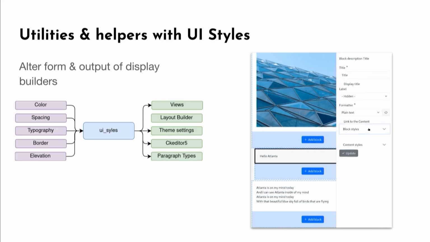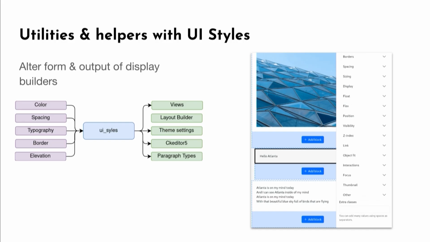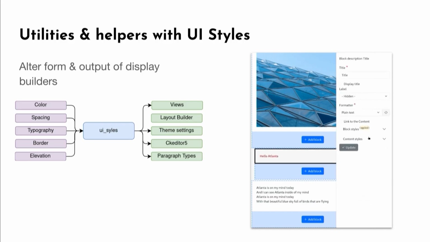And the UI Styles module is transforming the styles plugins into not plugins, but alteration of plugin output for views, layout builder, CKEditor 5, and paragraph behavior, for example.